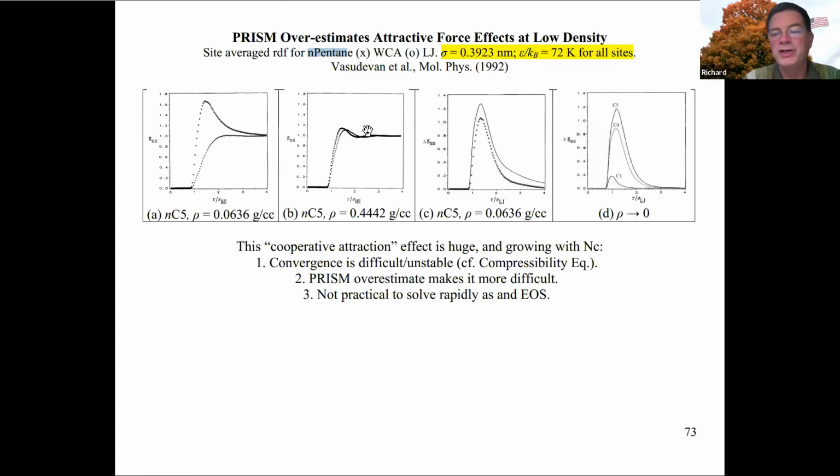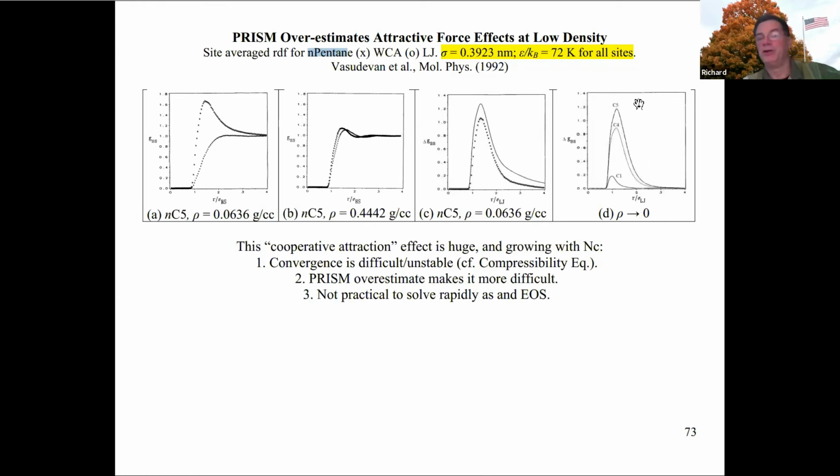large. How large? Well, let's go over here and look at what it is in the low density limit for methane versus pentane. You see, that's a very big difference. And so whereas the methane has pretty much tailed off somewhere around 2.5 sigma, the pentane is still quite large out here to maybe 3 and 4 sigma, and that's just pentane.